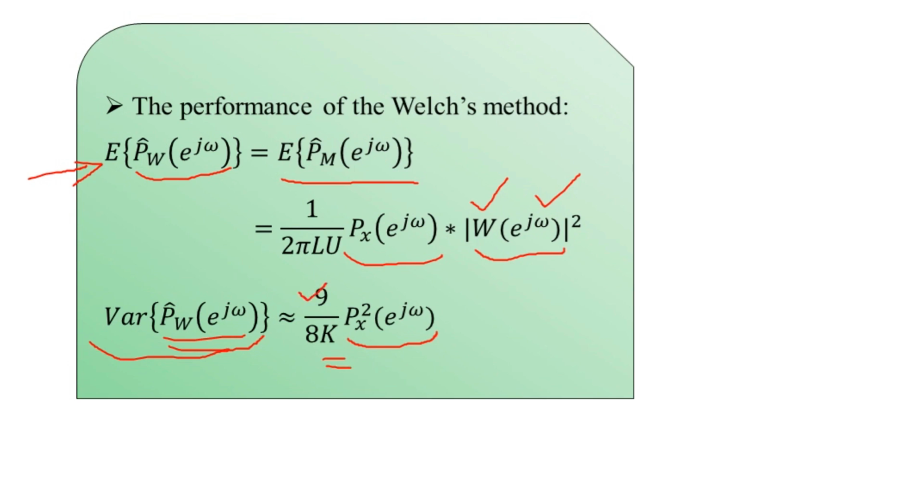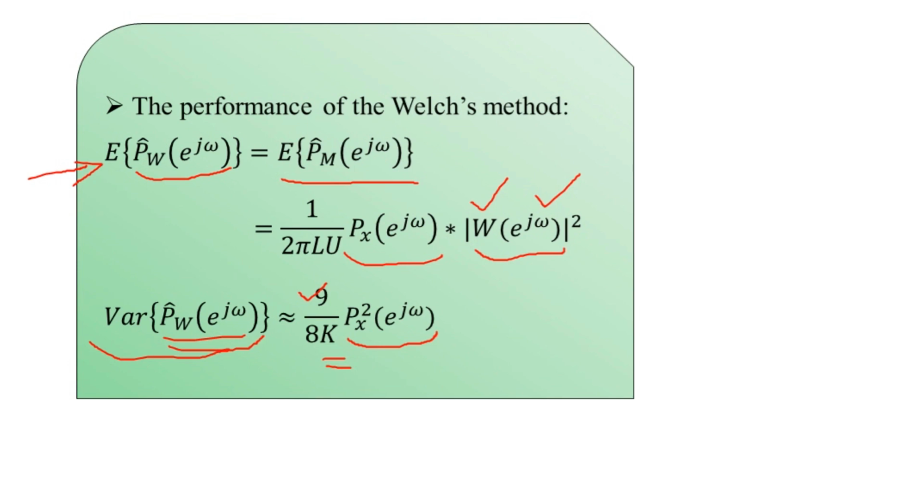Now if we have a fixed amount of data, denoted by capital N, and the resolution given to us with the sequence length capital L as previously, then with 50% overlapping, twice as many sections can be averaged with the help of Welch's method. This signifies the importance of the current method for power spectrum estimation.